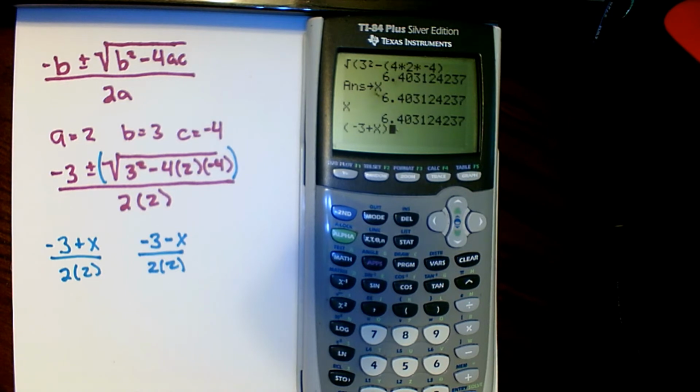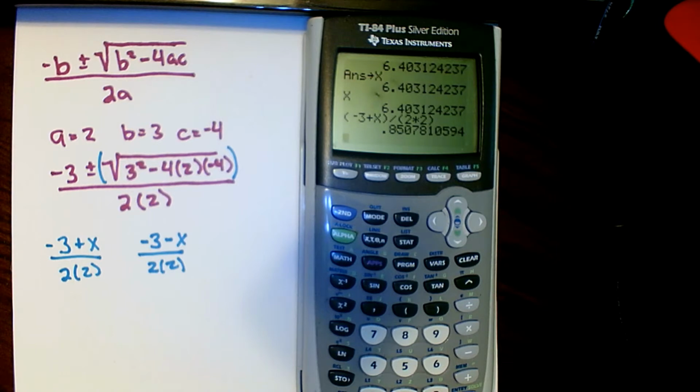Otherwise, we're going to get into trouble. Usually when you're dividing things that have plus or minus signs in the top, you want to put them in parentheses. And that divided by, again, parentheses just to be safe, 2 times 2. So that gives us our first answer, 0.85.